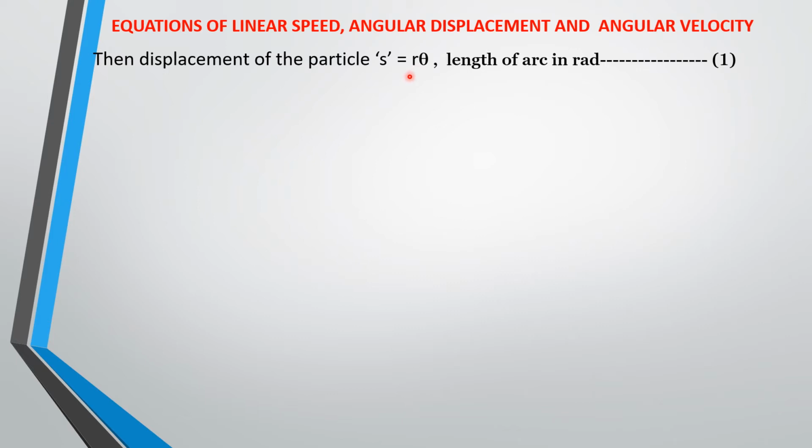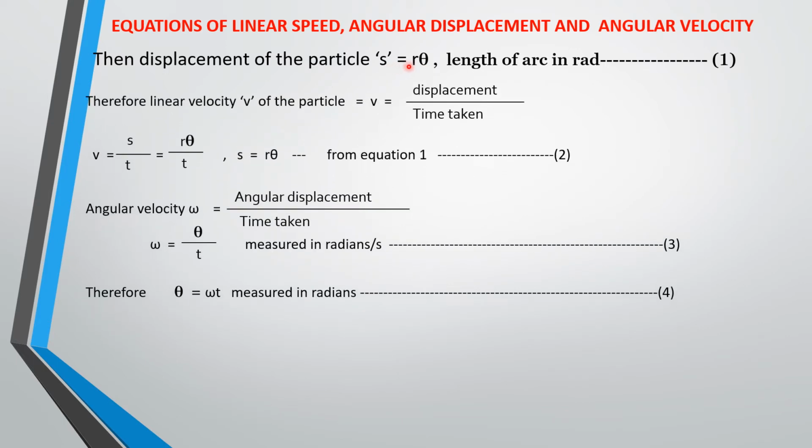But if theta is measured in radians, then your length of arc is radius times theta. So once you know the radius and you know the angular displacement in radians, you can calculate the length of arc, which is the distance described by that particle. Okay, so that is one equation that you need to take note of.